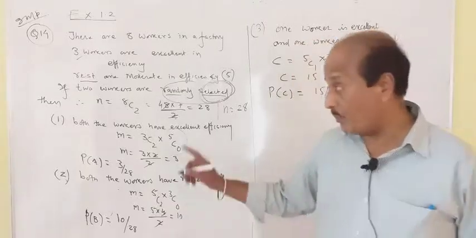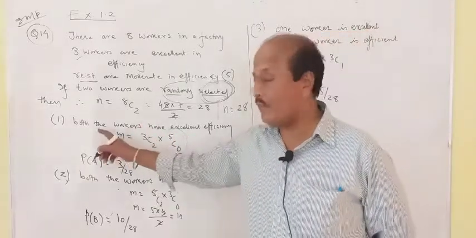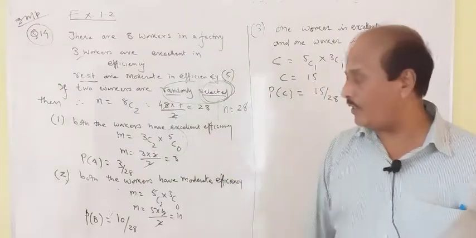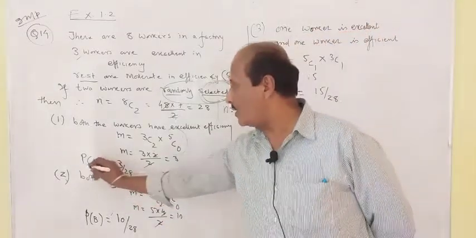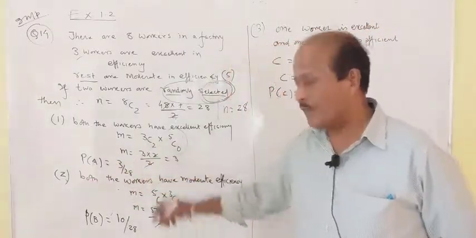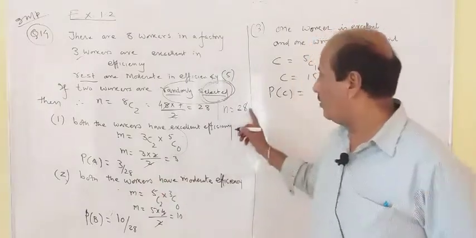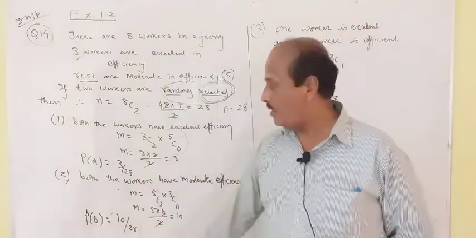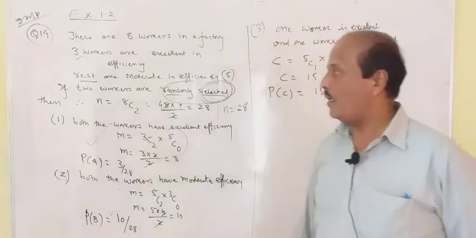Suppose A is the event which represents this criterion, then the probability of A is M, which is 3, upon total members 28. So this is the first part of the answer.